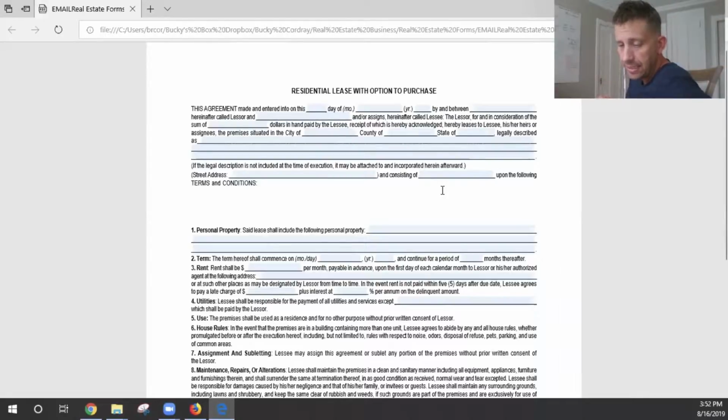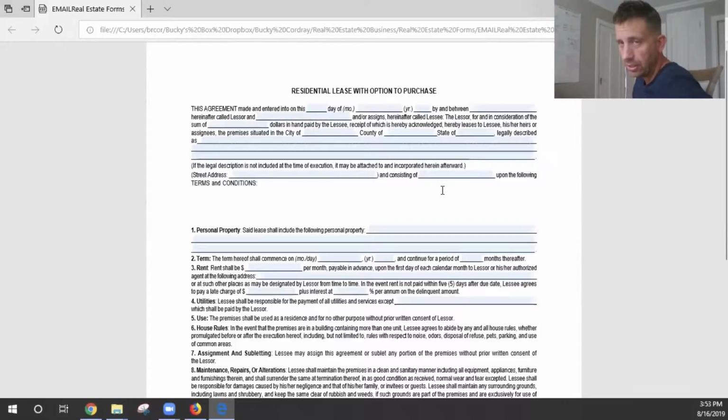Another key thing is all parties whose name is on the title must be included on this contract. For example, in Oklahoma, with husband and wife, both parties will have to be included on this contract because it's required by the state of Oklahoma to sell real estate. Both husband and wife have to sign off on it.